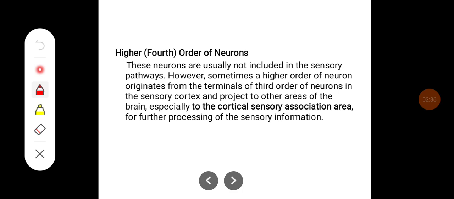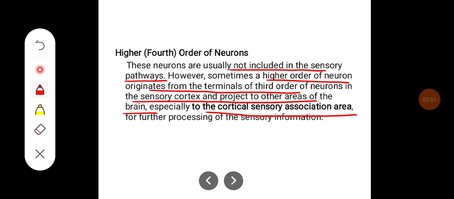Fourth order neurons are usually not included in the sensory pathways. However, sometimes a higher order neuron originates from the terminals of third order neurons in the sensory cortex and projects to the other areas of brain, especially to the cortical sensory association area, for further processing of the sensory information.